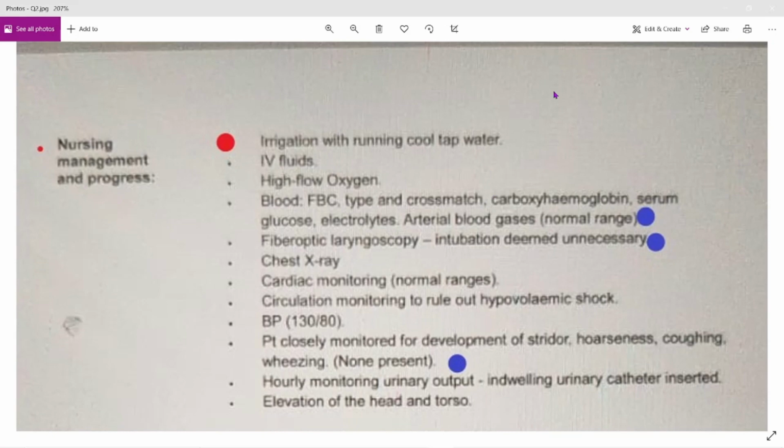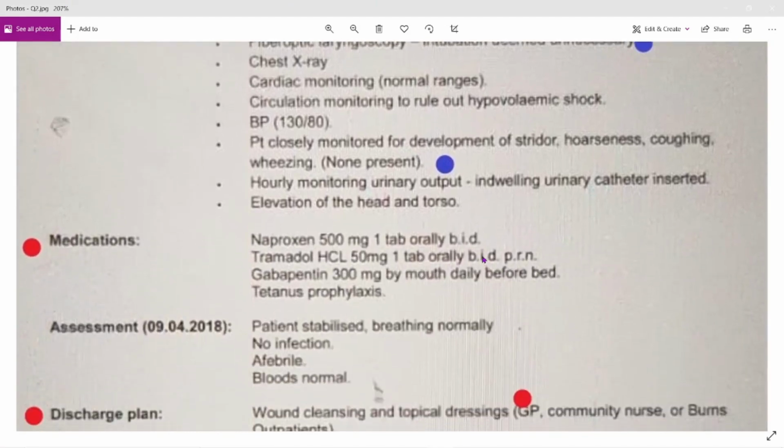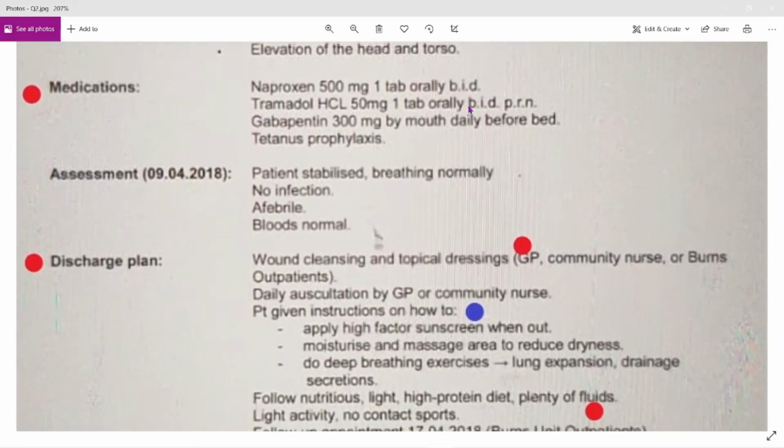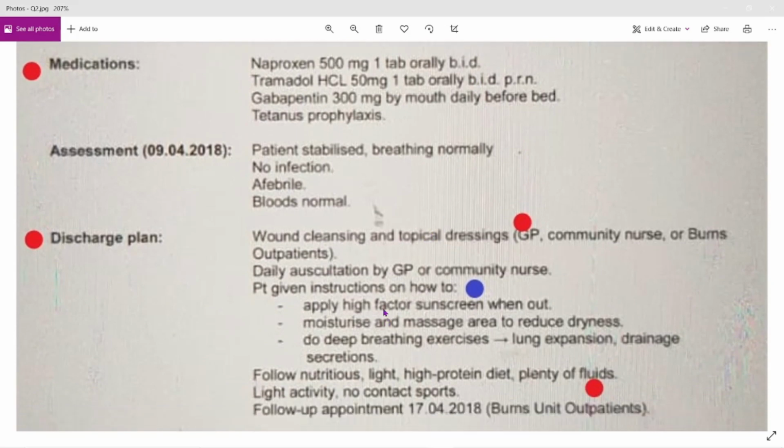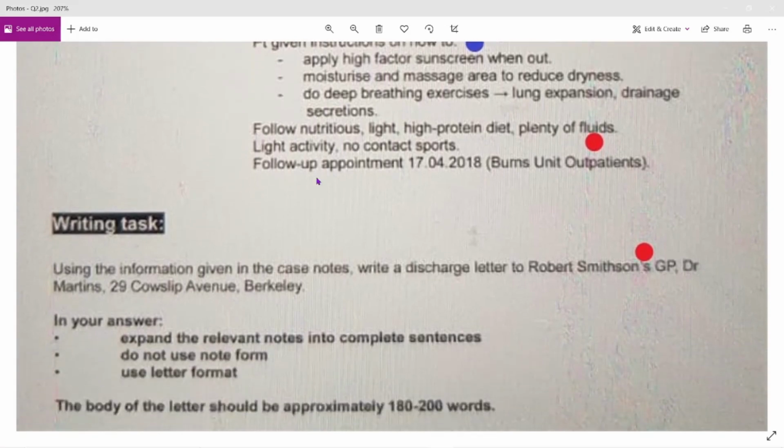You can either pause the video or take a screenshot and read. Pausing the video will be better. Next come medications. Then comes the discharge plan. Then the writing task.